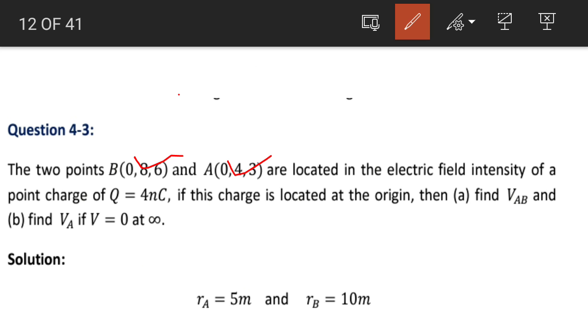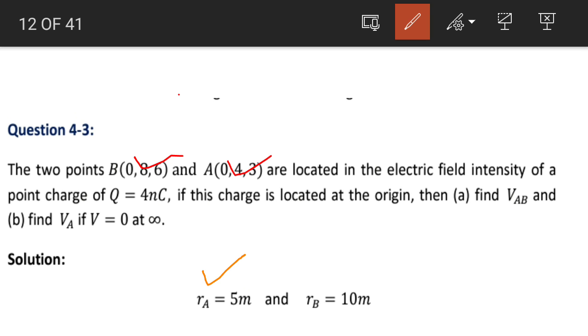Okay, so as the charge is located at the origin, the distance between the charge and point A is 5 meter.